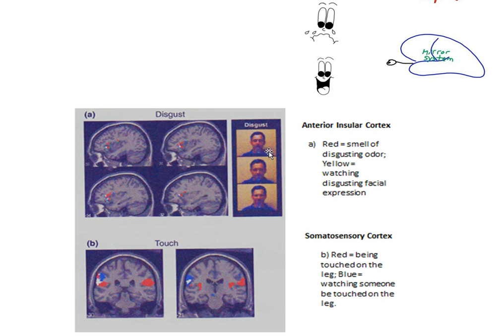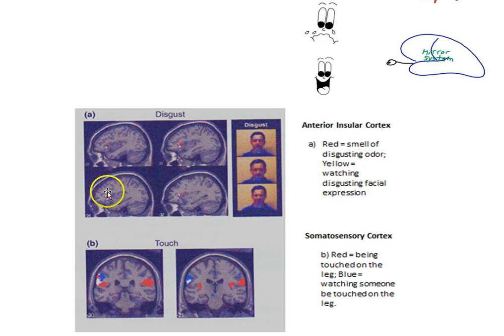So again, the idea then would be that the mirror system is translating a perception of another person's face and activating similar systems in the brain that would produce that very same emotion. In this case, disgust. So here we see in the color version that the red is the smell of a disgusting odor, so that part of the brain is activated when we ourselves would smell it, and the yellow would be watching the disgusting facial expression.